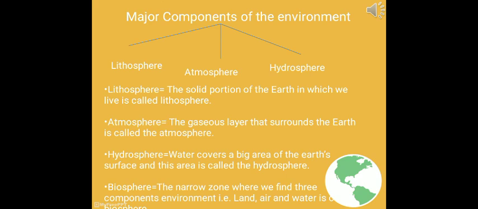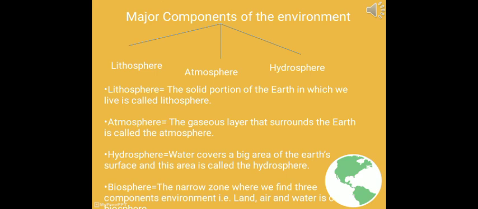In this slide you can see that there is a chart showing the major components of the environment. So first one is the lithosphere, then atmosphere and then hydrosphere. Now, what is lithosphere? The solid portion of the earth in which we live is called the lithosphere. Then the next one is the atmosphere.